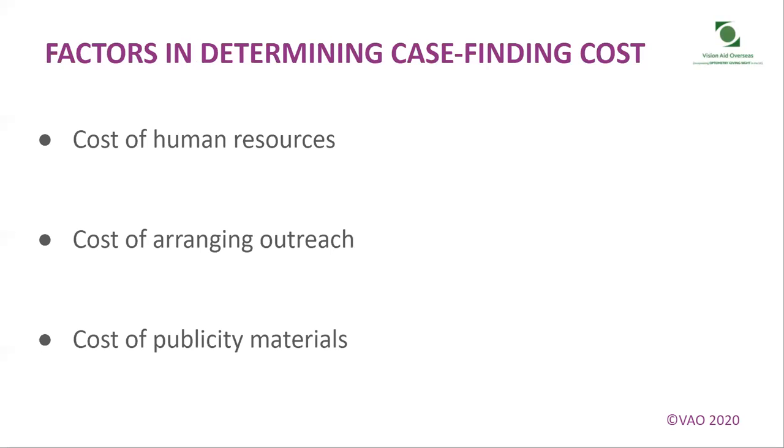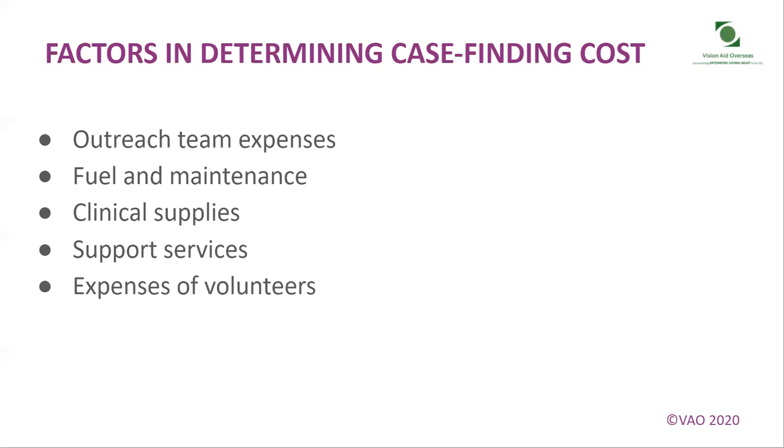The cost of publicity materials to make local people aware of the eye care service. We also need to know outreach team accommodation and food expenses and factor in the team's transport to the venue and back.